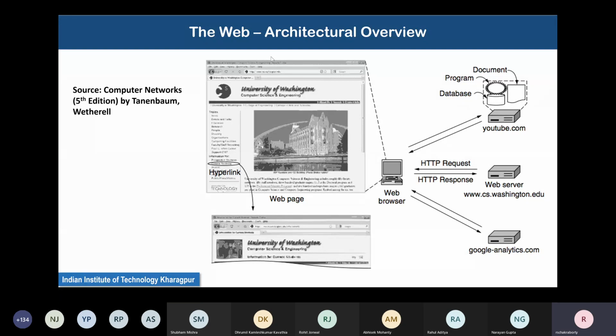This is the simplest type of web pages. In other types of more complicated websites, like say YouTube or an Amazon shopping kind of e-shopping, many other complications come in. Some of them is they will send back certain scripts which will be executed by your browser on the client side, and sometimes you fill up a form and submit something which goes back to the server and gets processed there.